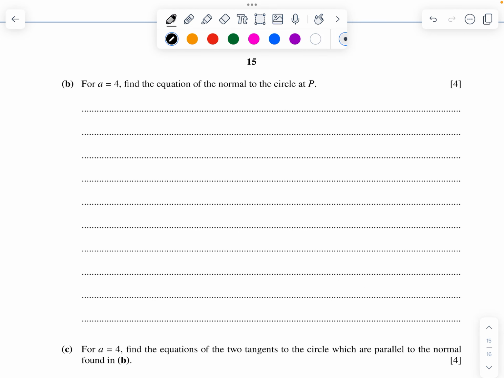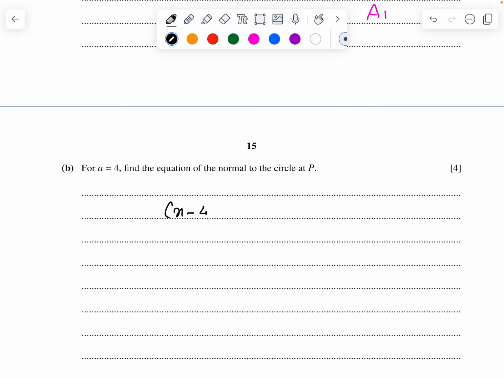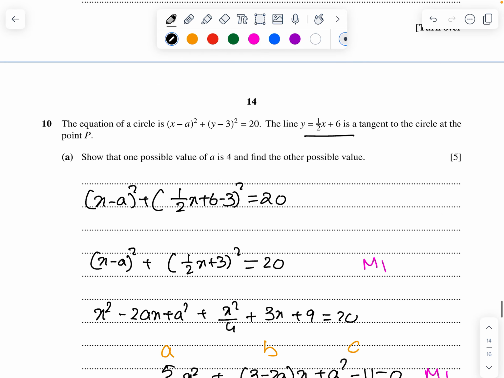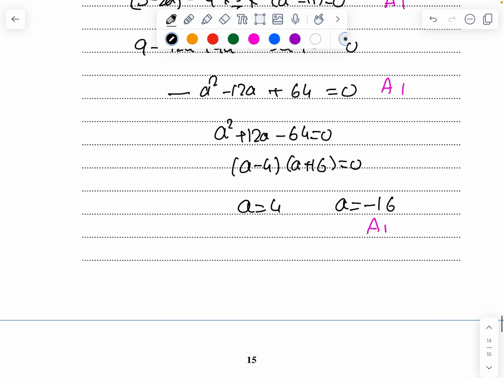Next, for a equals 4, find the equation of the normal to the circle at P. So if a equals 4, the equation of the circle is x minus 4 whole square plus y minus 3 whole square equals 20. So the center is 4, 3, and at the point P, y equals half x plus 6 is the tangent.